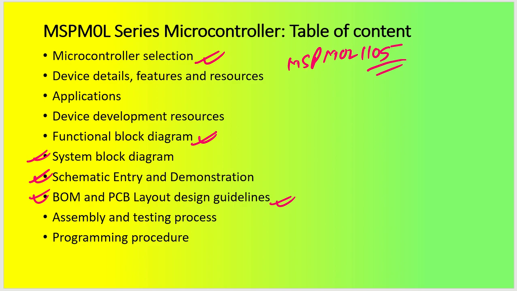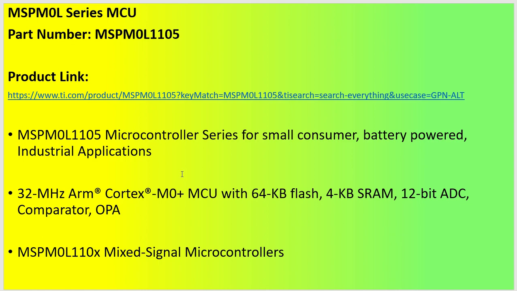Okay. So let me give you an introduction of this particular microcontroller. The part number for this is MSPM0L1105. Once I share this material with you, you will get all this PPT directly, along with the videos. This is the product link that I have given, so that you can directly get into the product page of this microcontroller.